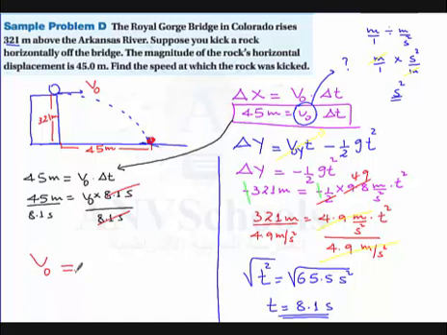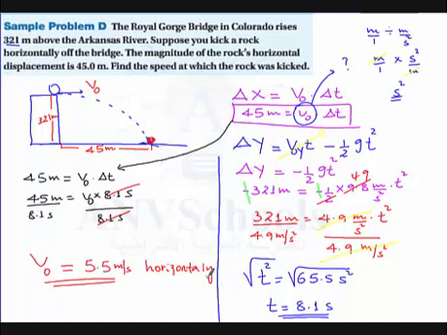This is equal to 5.5 meters per second. The rock was kicked at a speed of 5.5 meters per second horizontally, in the direction of the x-axis.